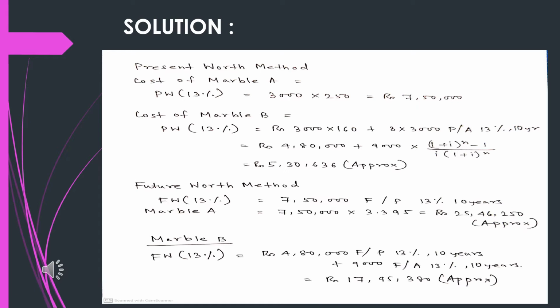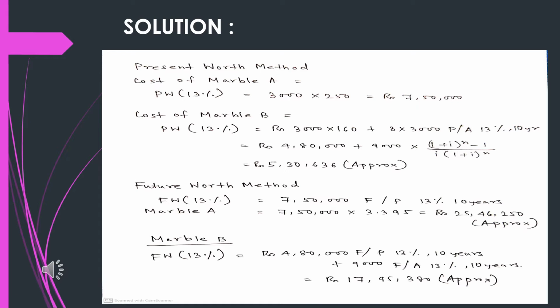Now we need to consider one more aspect. For marble B, the second marble, there is an annual polishing charge attached to it, of rupees 3 per square feet for the entire flooring.